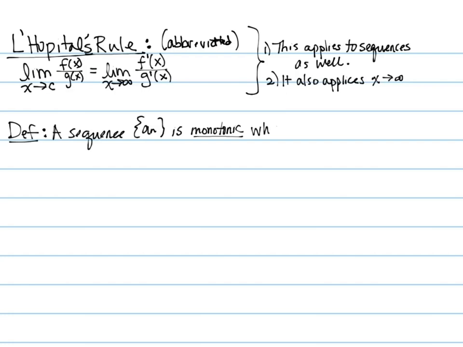A sequence is monotonic when its terms are non-decreasing.